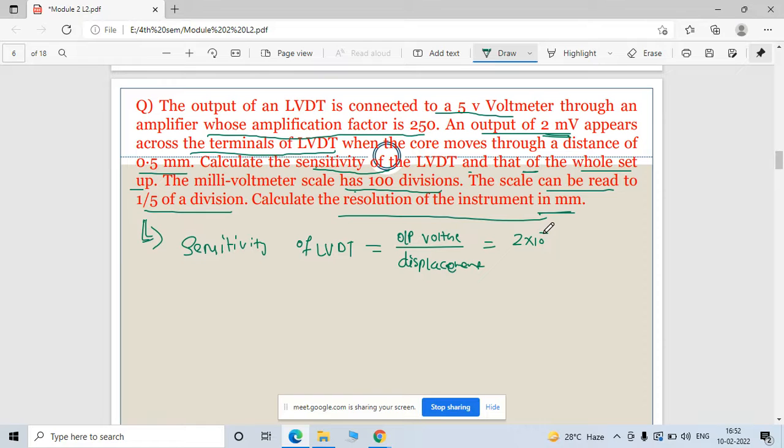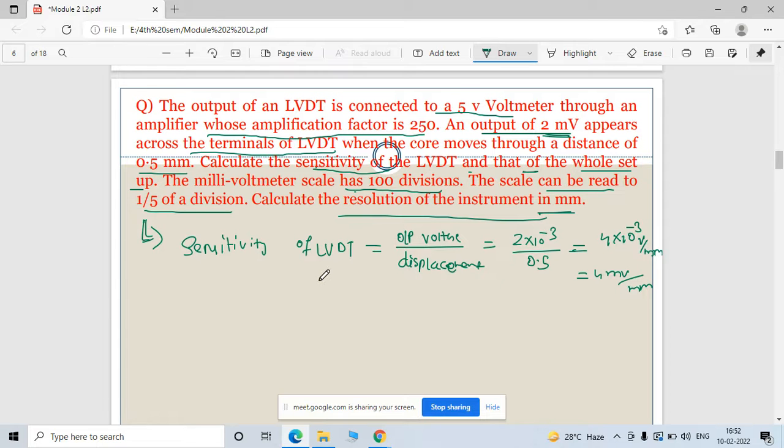Convert millivolt into volt, and the distance is 0.5 mm. So you need to find this in mm, so leave it as it is, which is nothing but your 0.5. When you solve it, you will get 4 into 10 to the power of minus 3 volt per mm. Okay, or you can also say 4 millivolt per mm.